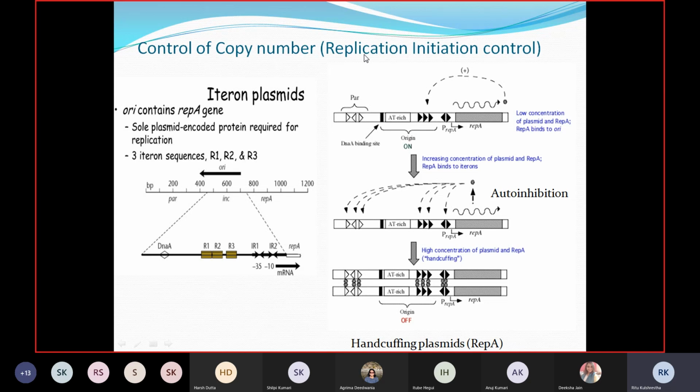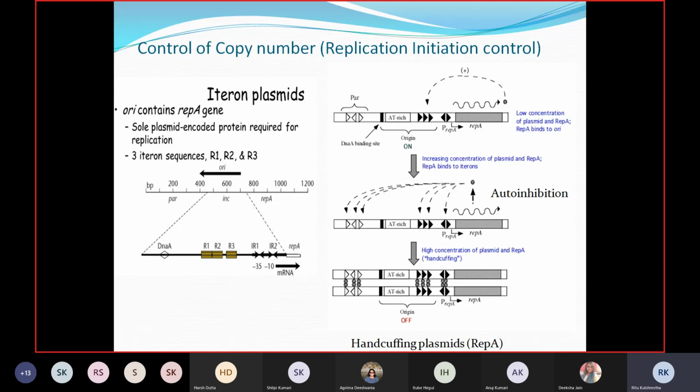So let's consider what the normal way of replication is in this particular plasmid. It is done with the help of RepE protein, which, when formed, goes and binds to the origin of replication and brings about the replication of this plasmid.